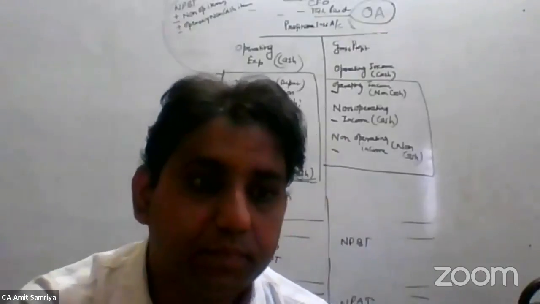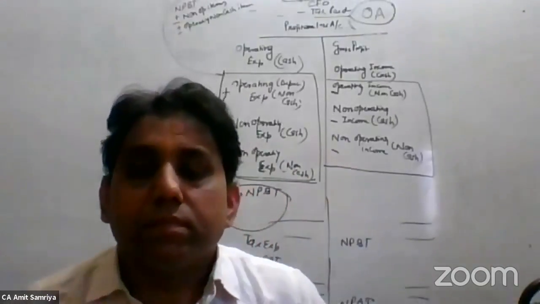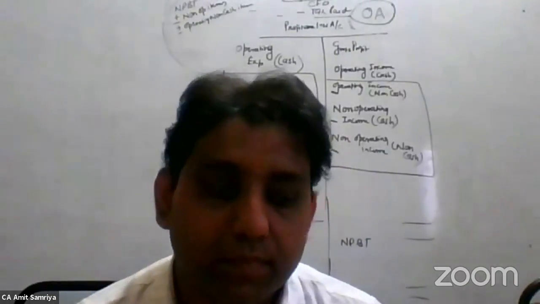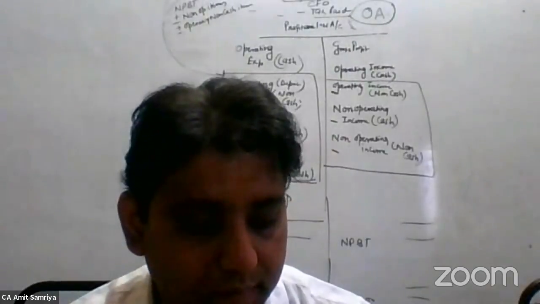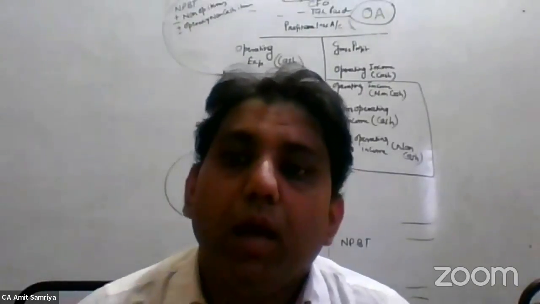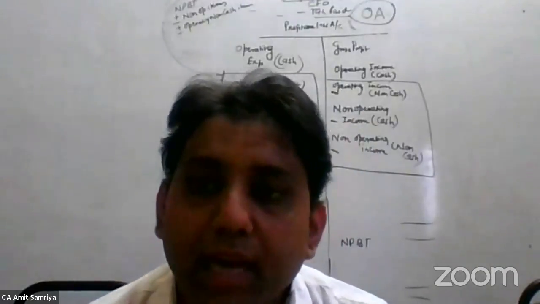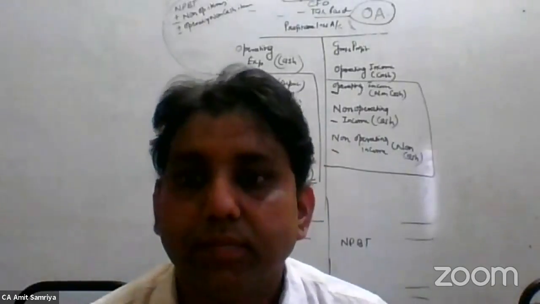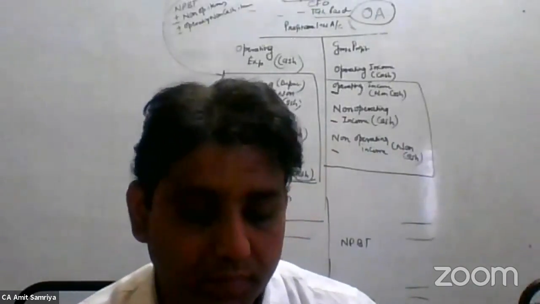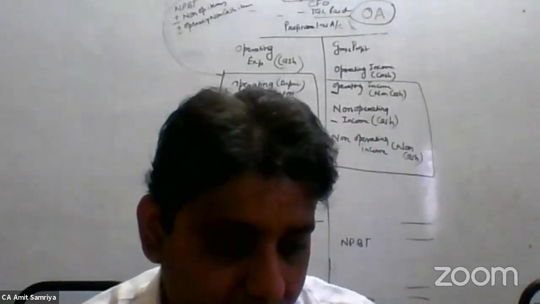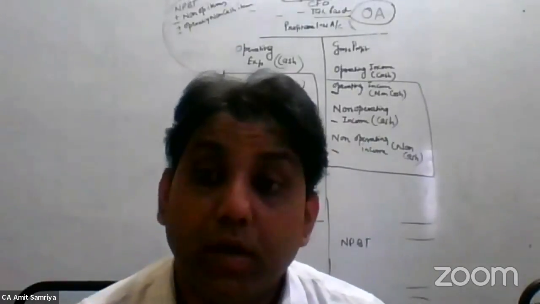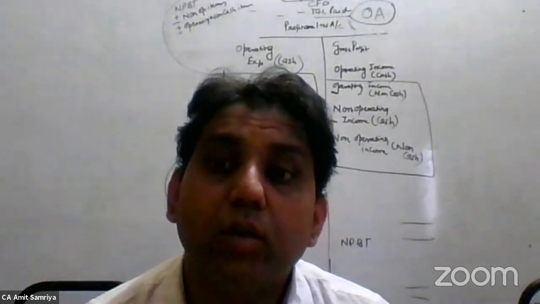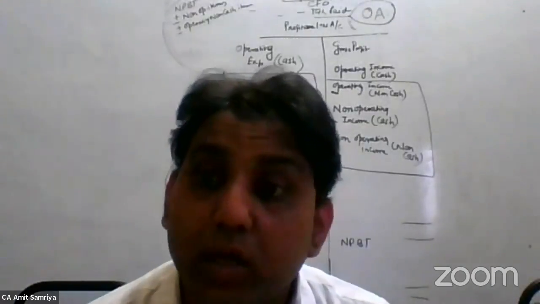So this is how cash flow statement is prepared from the direct method and from the indirect method. Just recall this, review this. Just try to make sure that you get the concept.